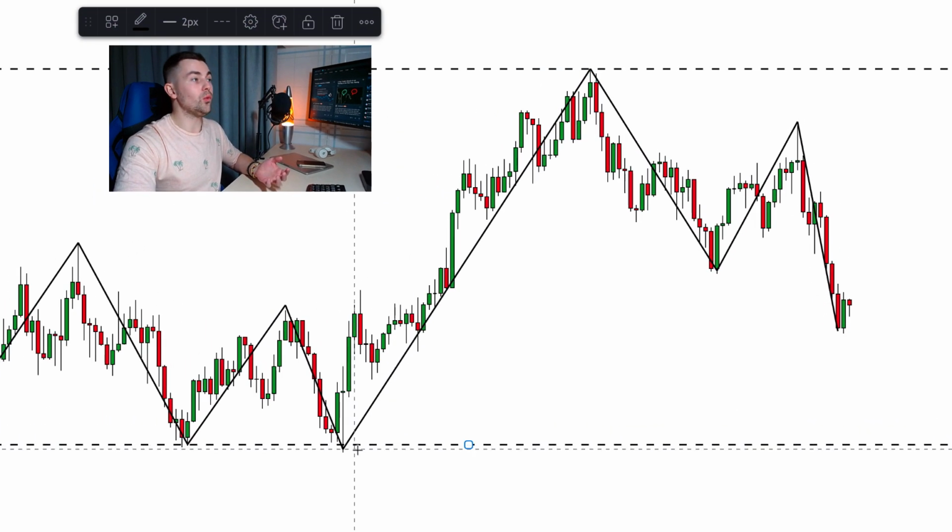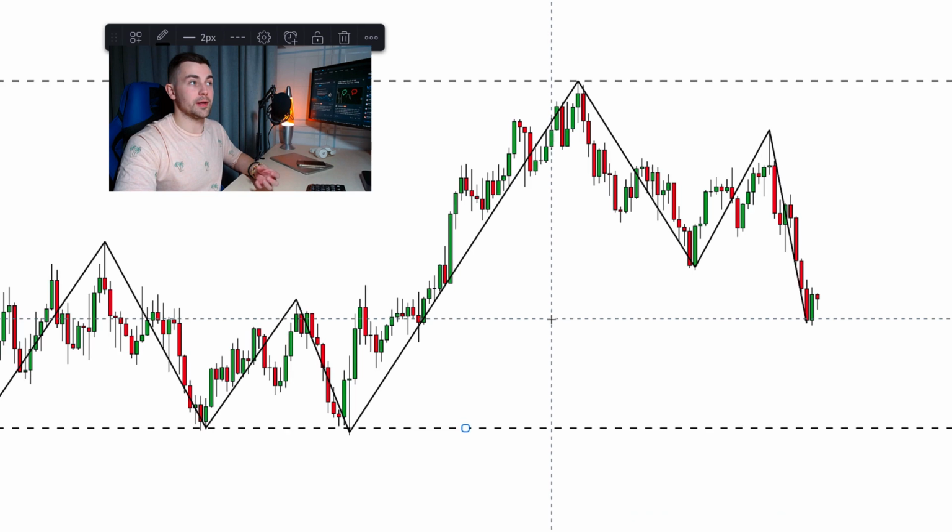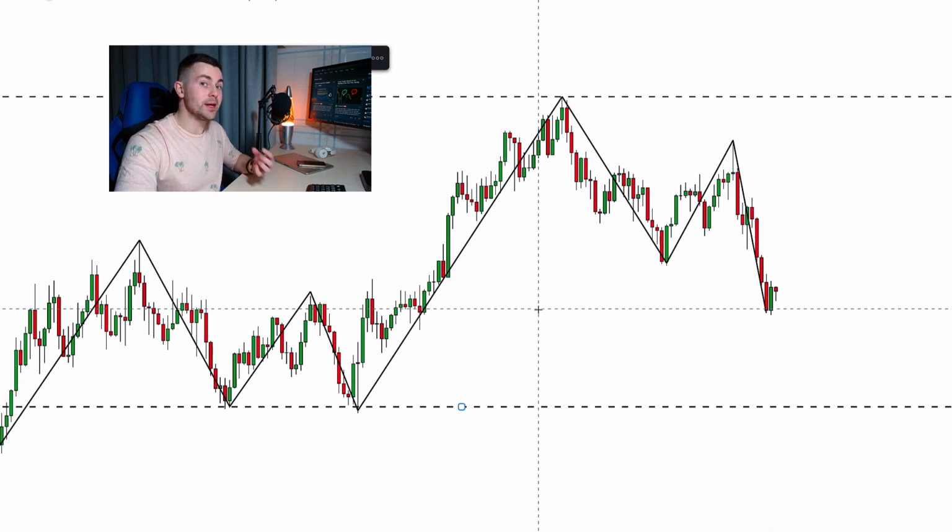Over here we can see this very nice low, and from there we started a very nice bullish leg. So it is the first task. We analyze the price action and we identify the recent high and the recent low. With that, right now we can start our structure analysis.